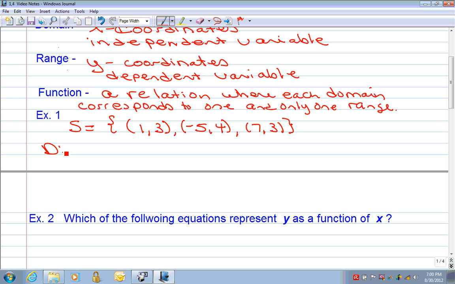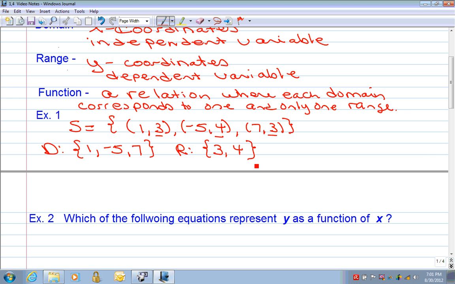The domain would be the x values, so in this case that would be 1, -5, and 7. You can put them in order from least to greatest if you want, but I'm fine with just the order in which they appear in your set. The range is 3, 4, and 3, but when you have a number repeated, you only list it once. So that would be 3 and 4.